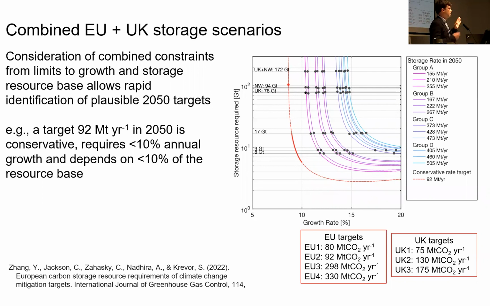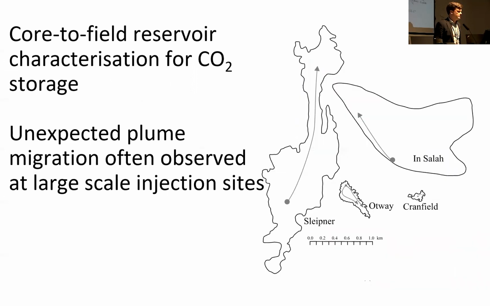And that, I think everyone would agree, a very conservative set of constraints already identifies that a target of 92 million tons per year achieved in 2050 rather than the multi-100 million tons per year is eminently plausible. So it's a framework that's very useful, not just in assessing where we are, but also identifying either conservative or more plausible trajectories of where we're headed.